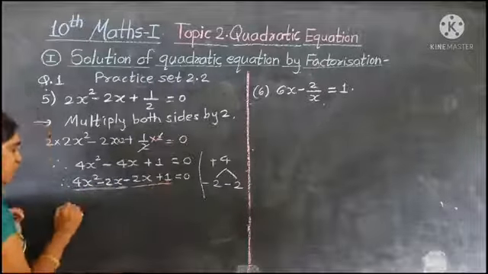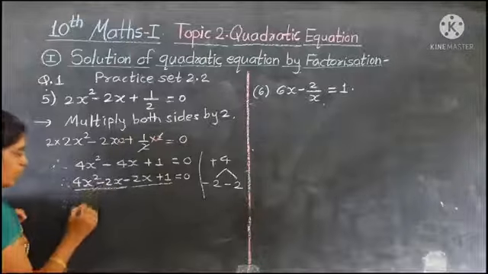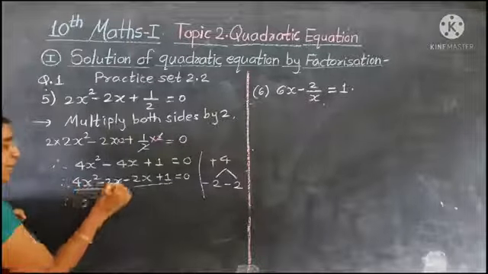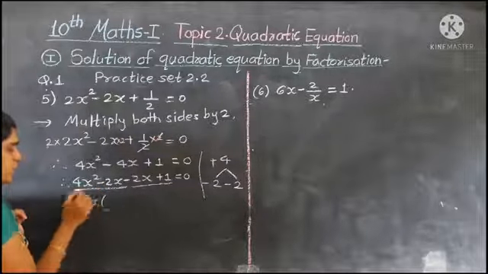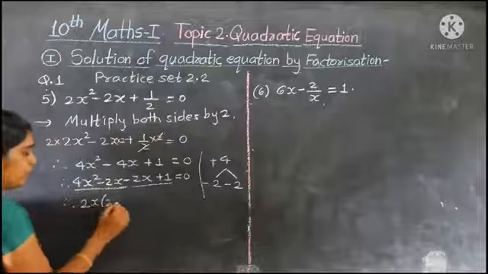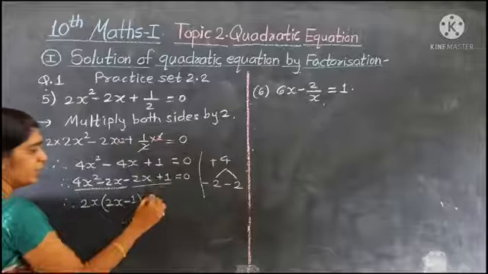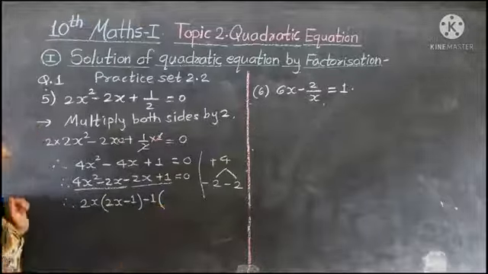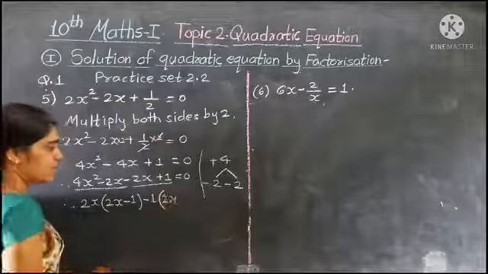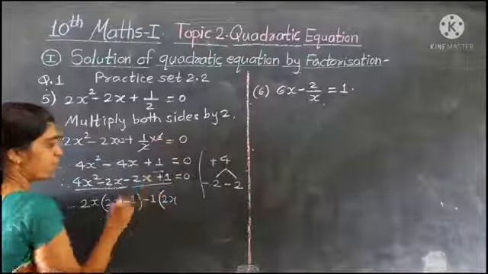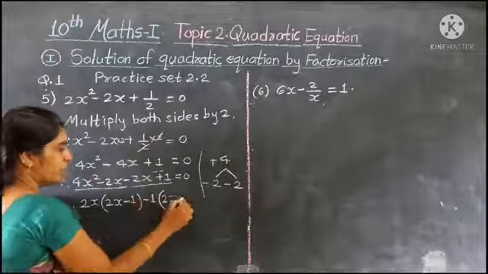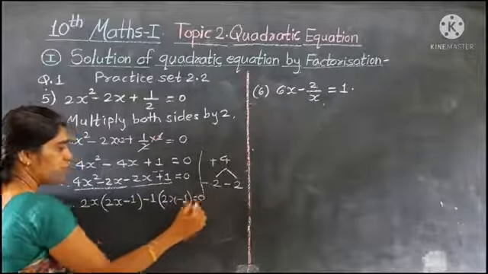So what is common here? 4 and 2, common is 2. x square and x, common is x. So what remains? 2 2s are 4x minus 1. And here no number is common, so we take minus 1 common. 2x, see, you write plus as minus minus. So minus 1 is common, minus 1 is equal to 0.